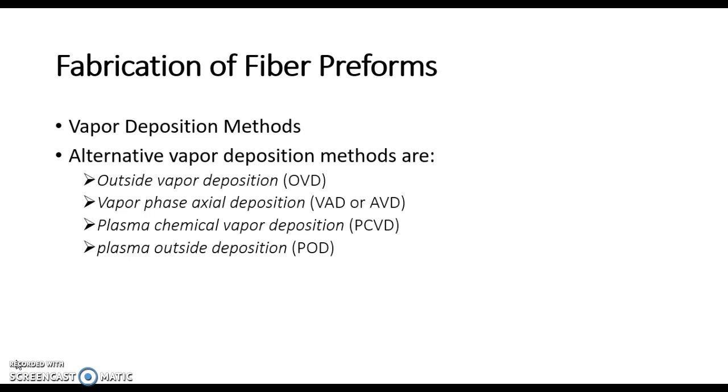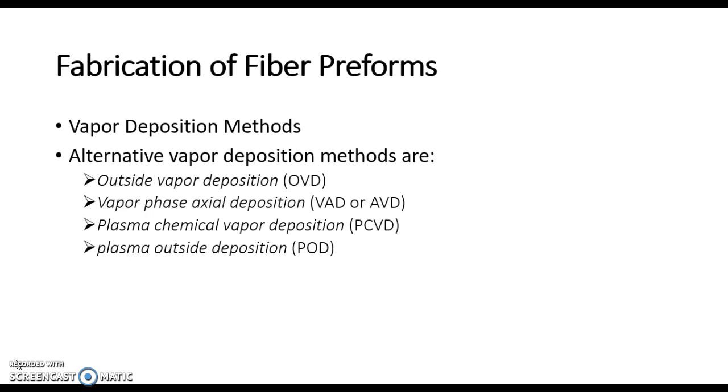Together with the material precursors such as silicon tetrachloride, a fuel gas such as hydrogen or methane is supplied to a burner, which is again moved along the rotating rod. After the deposition, the target rod is removed and the preform is consolidated in a furnace, which is also purged with a drier gas for lowering the hydroxyl content.